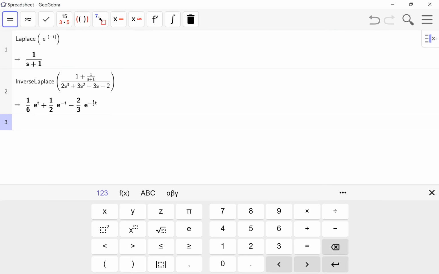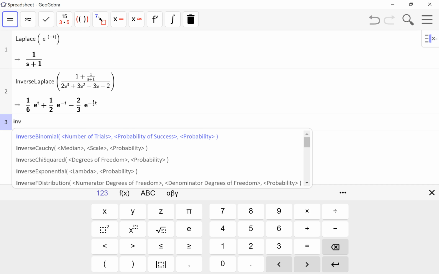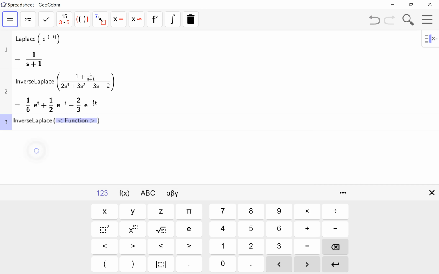So again, we want to use inverse Laplace. I'm going to scroll down and grab it. The top again was 1 plus e to the negative pi times s over s minus e to the negative 2 pi times s over s.